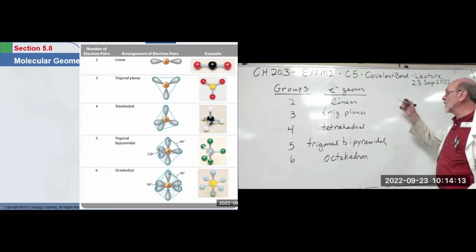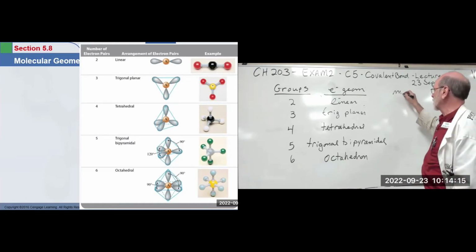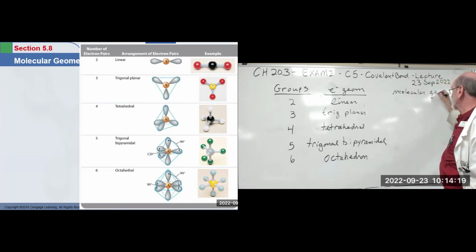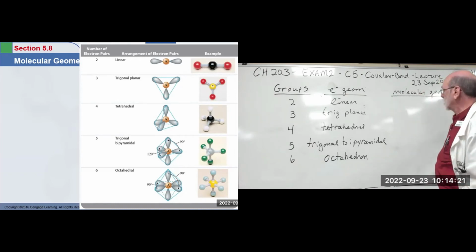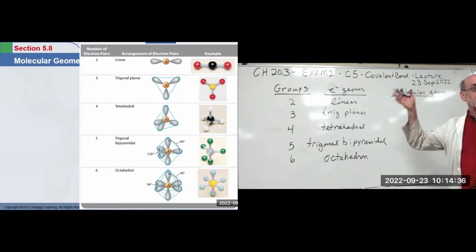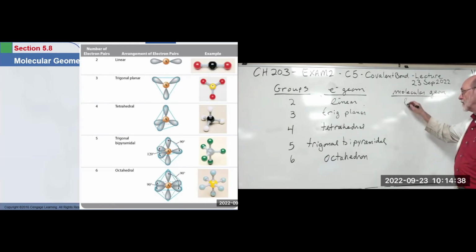Now, where do you go from here to molecular geometry? Well, for linear, there's only one choice, right? It has to be linear. No other choice. If you have one lone pair, then the central atom to the remaining atom is still linear. Right? So that was the easiest one.